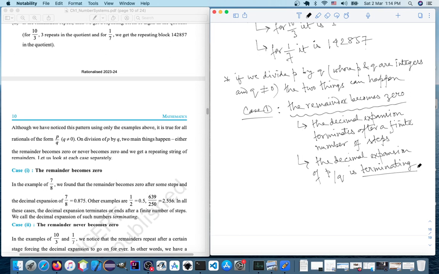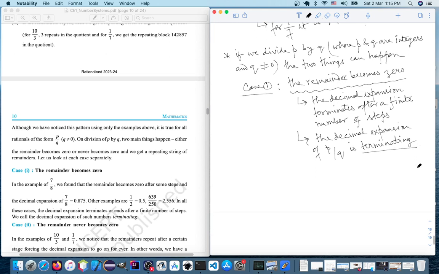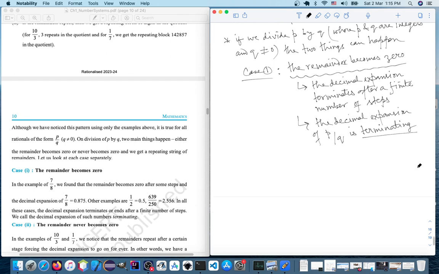The decimal expansion of the rational number p by q is terminating, meaning the long division method, when we divide p by q, comes to an end after a finite number of steps, with the final remainder being 0. This is case number 1, when the remainder becomes 0 after a finite number of steps. In such a case, the decimal expansion is called terminating.